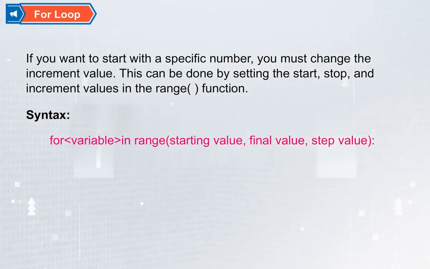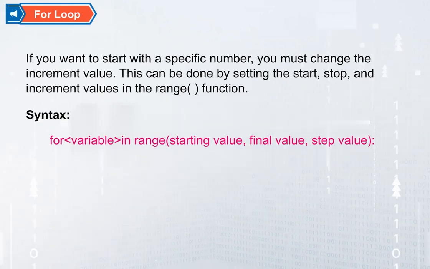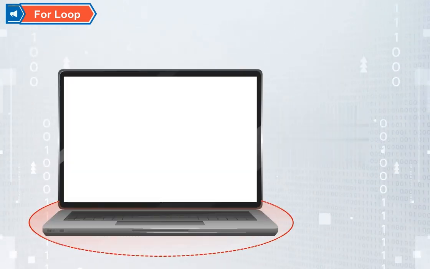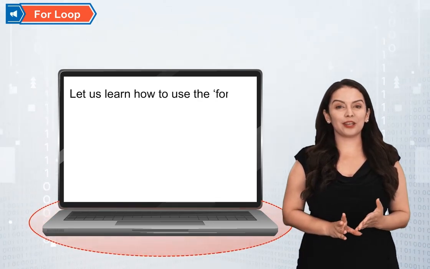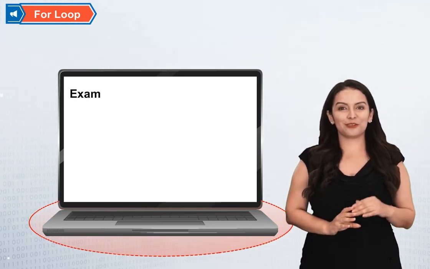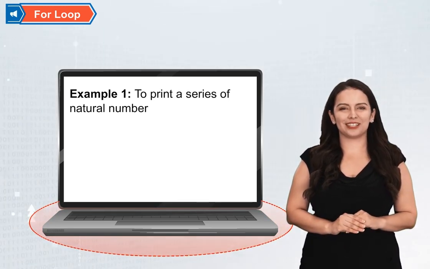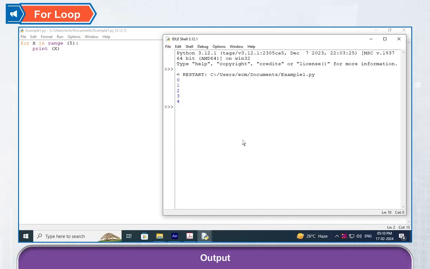Syntax: for variable in range: starting value, final value, step value. Let us learn how to use the for loop with the help of some examples. Example 1. To print a series of natural numbers from 0 to 4. Program. Output.